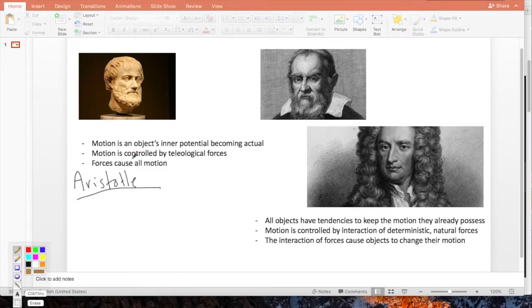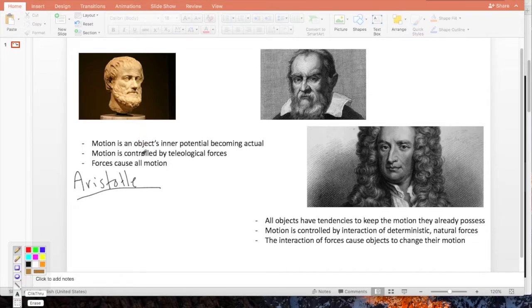It flowed out of you and into that object so that that object's potential could become actual. So you were, in effect, transferring a piece of you into that object, causing it to actualize its motion. It was this idea of almost a fluid that passed from one object to another.